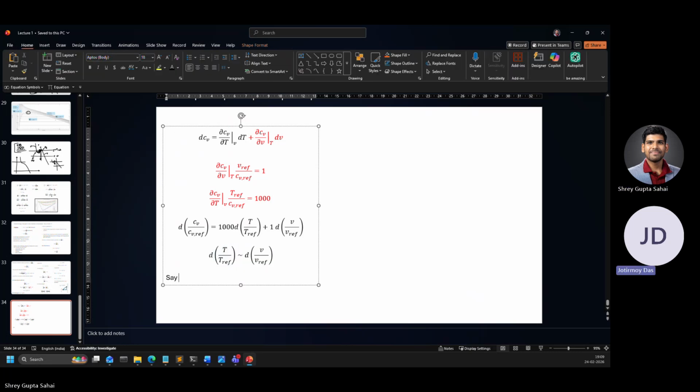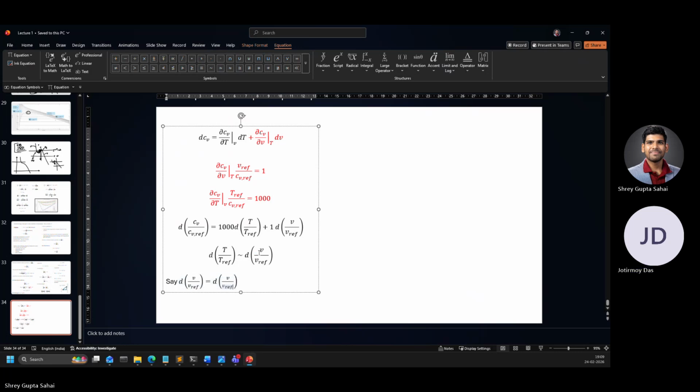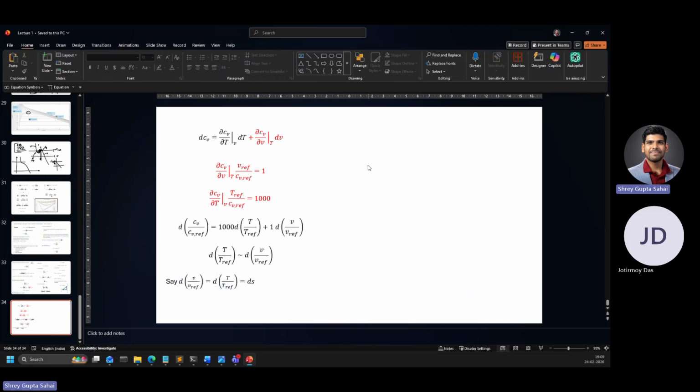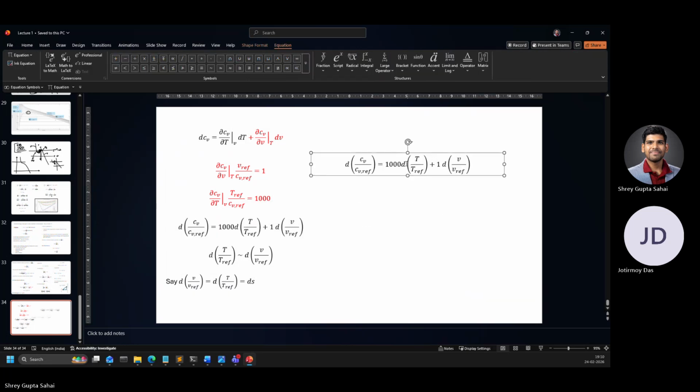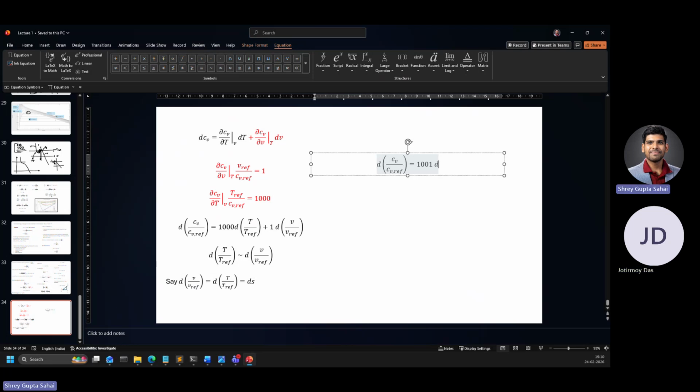Say the change is 1, or let's say 10, or let's say dx, or some length dl.